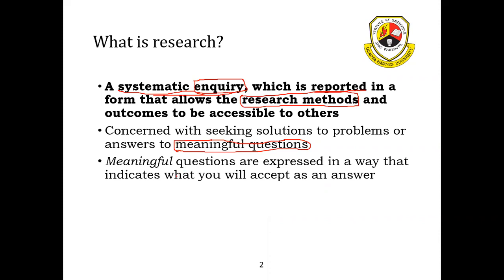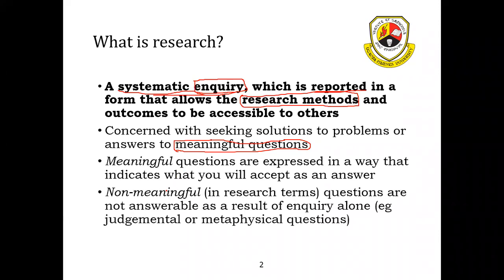So here we have just a brief, this one is just simply expounding on what I've discussed earlier. The thing we want to avoid are non-meaningful research questions. That is the thing we want to avoid, because that is exactly what will bring about a dead end in your research, and we don't want that.